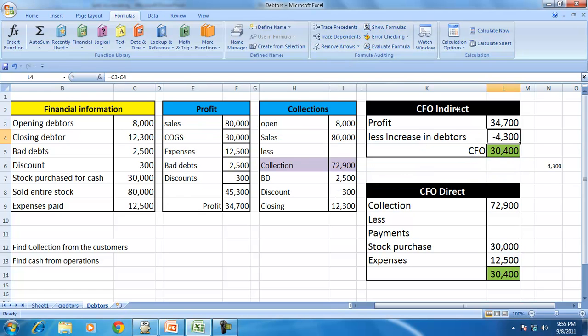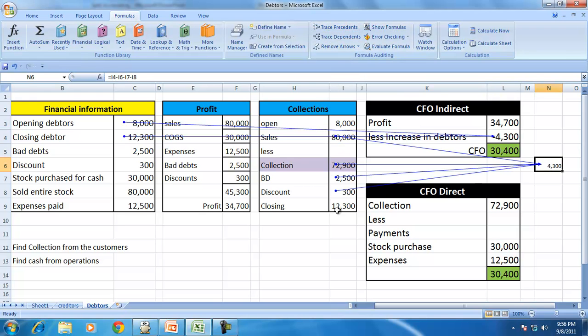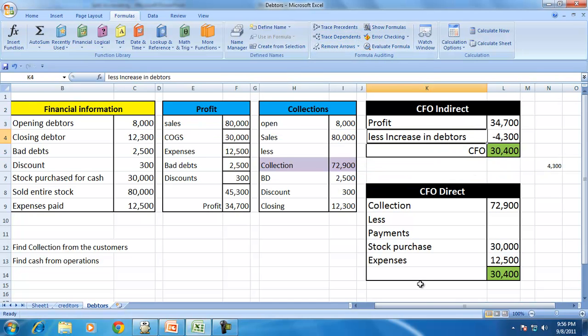So when we do the indirect method, we take the difference between the opening and closing debtors and make the adjustment, ignoring the bad debts, discount, collection and the sales, because the change between the opening and closing debtors automatically takes care of all the transactions done during the period. So in the direct method you take the collection and actual payments, whereas in the indirect method you take the net effect of that, which is coming from the balance sheet.